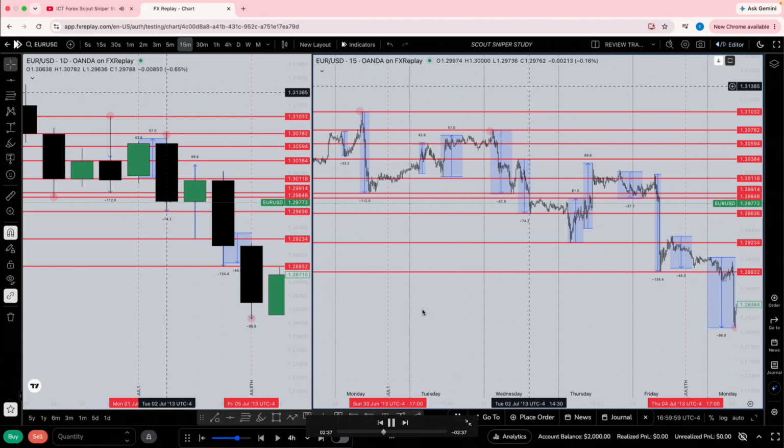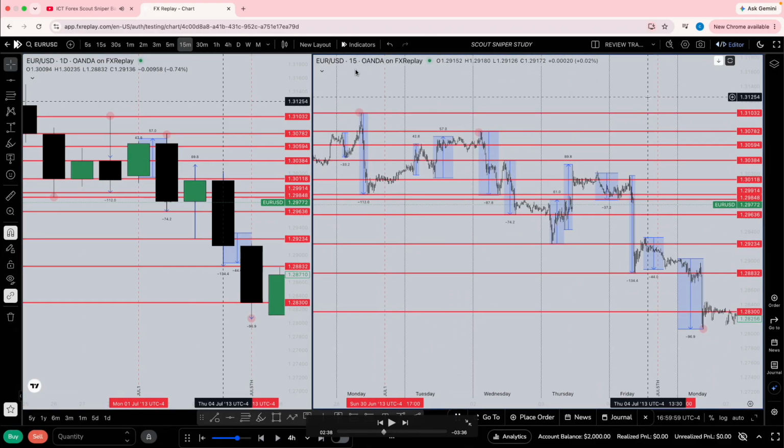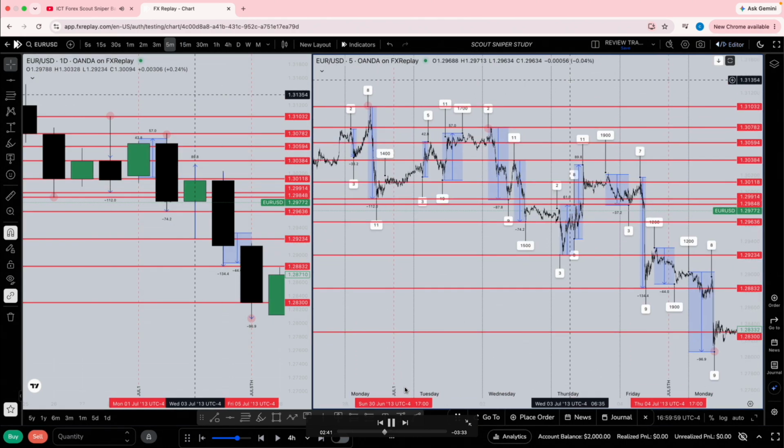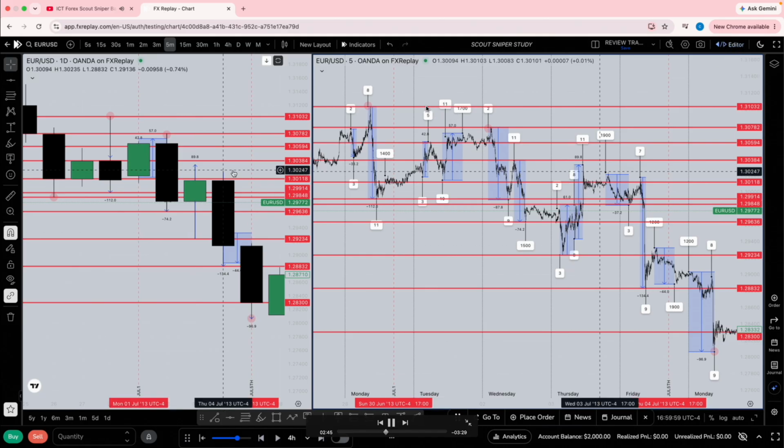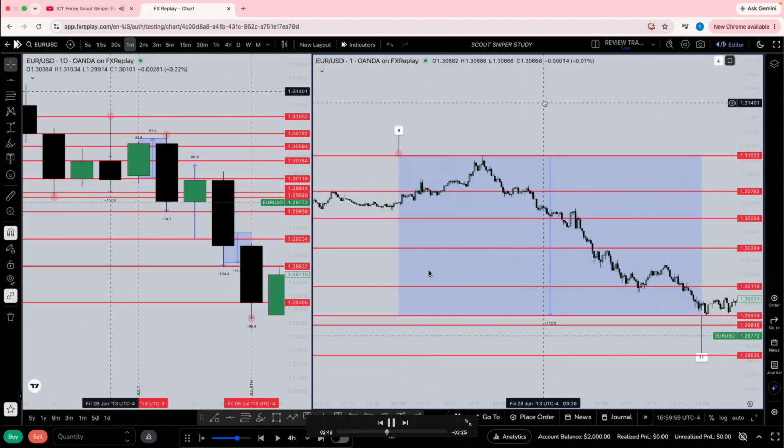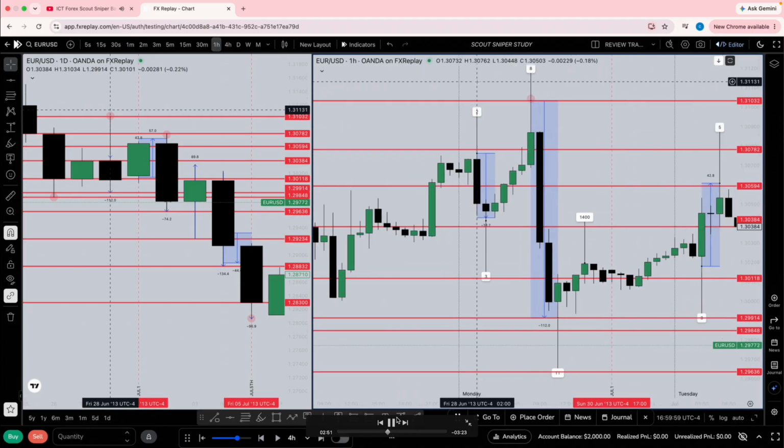Alright, so this right here was a 15-minute chart, and we're showing the same things. 5-minute chart, all reacting off of the key levels from the higher time frame. And this is a 1 minute.